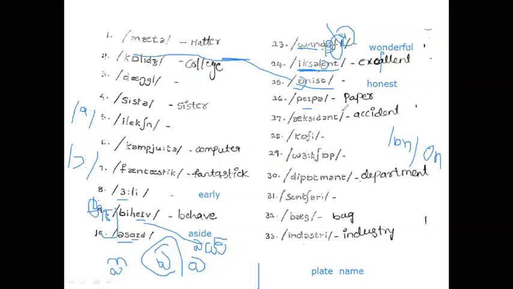And if any word ends with this sound, it has to be right? So then it is paper. Okay, paper, not paper. When you say this sound, it has to be used with an A, right? So then it must be paper. P-A-P-E-R, right? P-A-P-E-R.